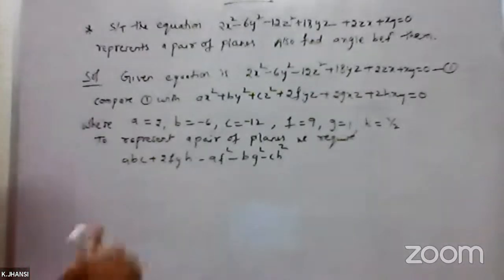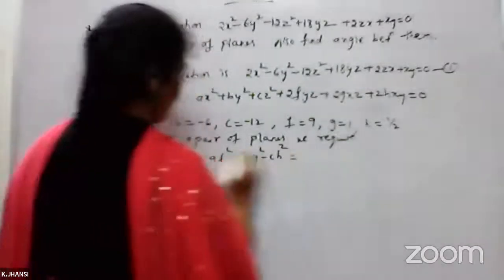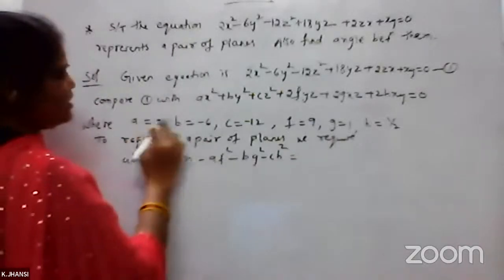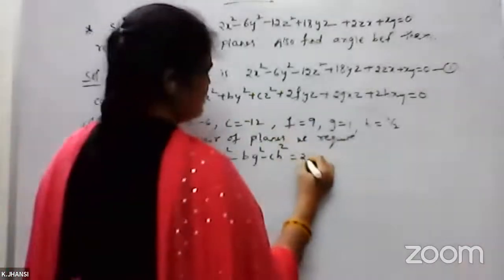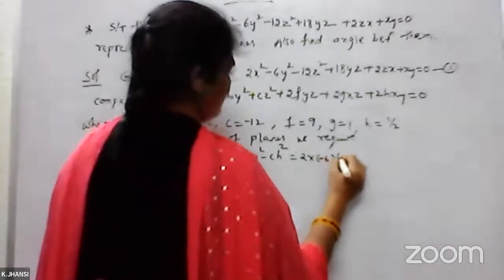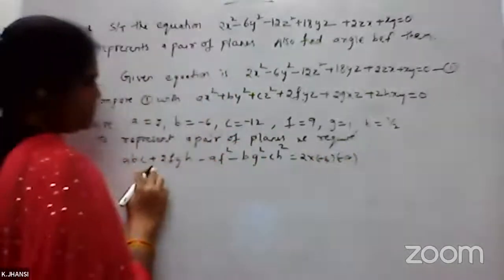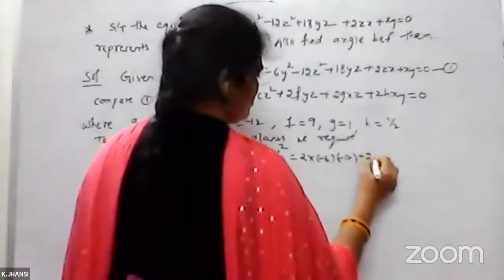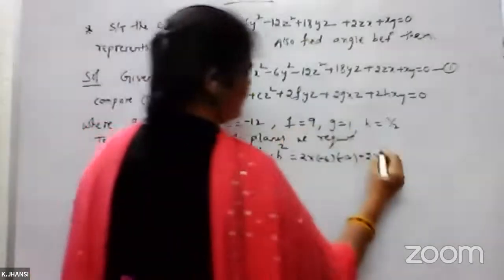Now substitute the values in this one. A is 2, minus 6 and minus 12. After that plus 2 into, what is the F value? 9.